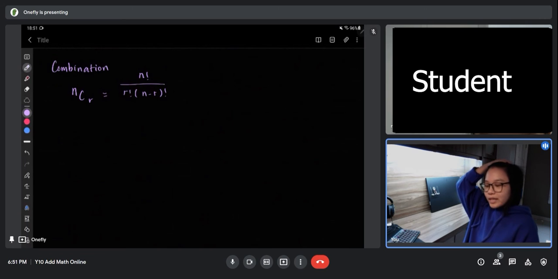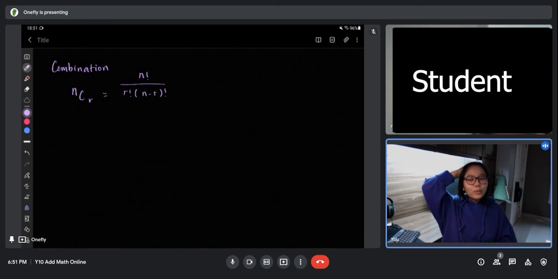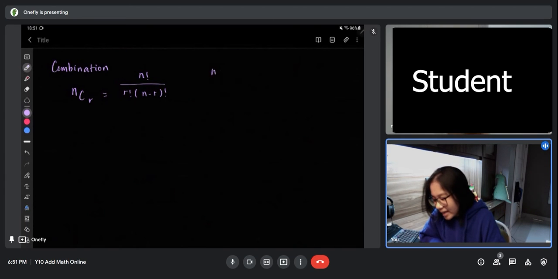Is this formula important? Yes, I think in your binomial topic it is, but for now we are not going to talk about it first. Okay, same thing. n is your total number of objects or items in the set.